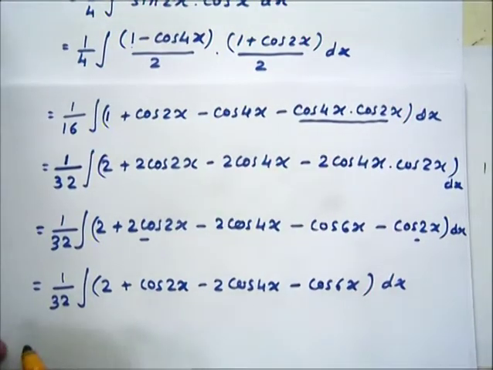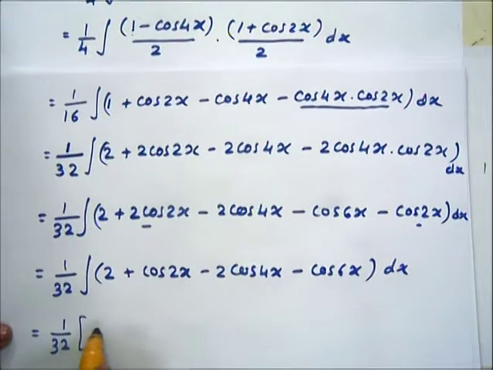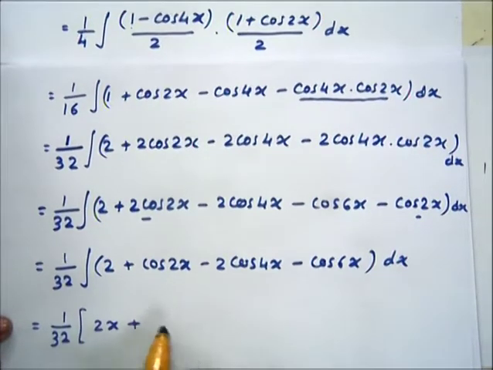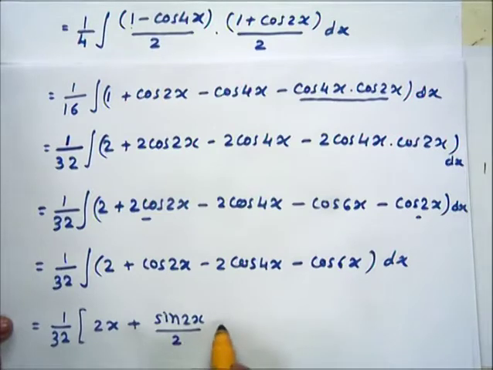So this is equal to 1 upon 32. The integration of 2 is 2x, plus the integration of cos 2x. What is the integration of cos x? It is sin x. Here the integration is sin 2x and the coefficient of x is 2, so write 2 in the denominator.